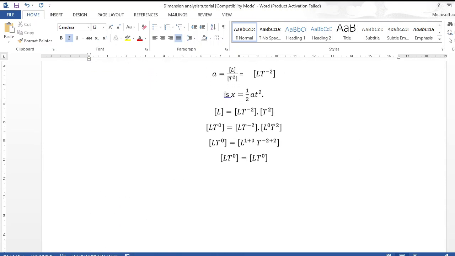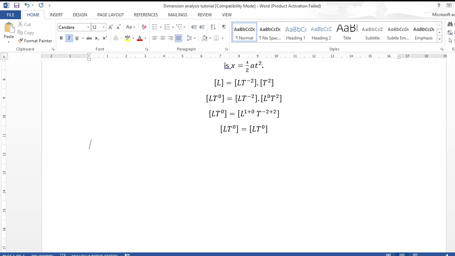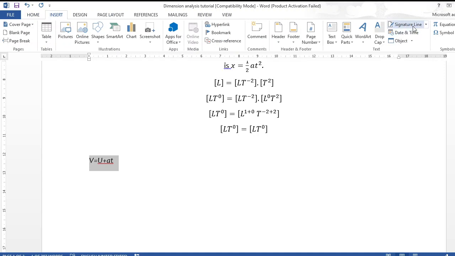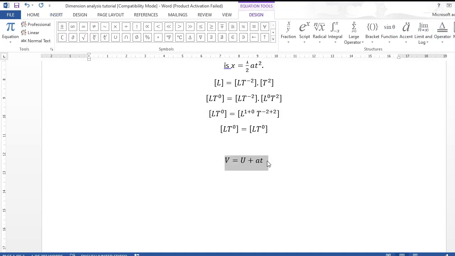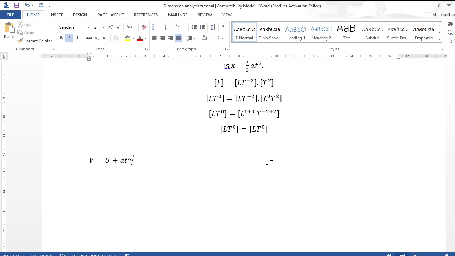We also have another example. Let's say you're given an equation, and this equation is an equation of velocity. So you're given that final velocity is equal to initial velocity plus at plus at to the power 2.